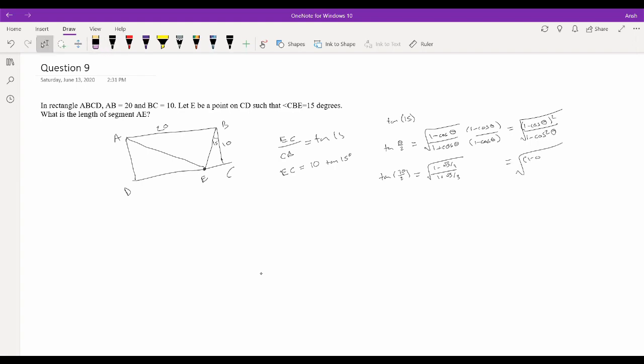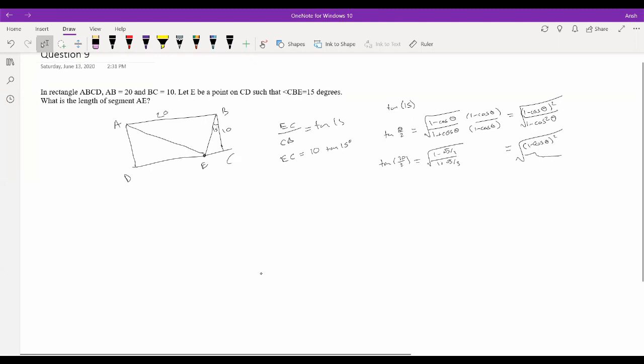So now everything inside our radical is a perfect square, which is really nice because that means we can simplify this into 1 minus cosine theta over sine theta. And this is another handy identity for the tangent half angle. This is the easier one for me to remember since remembering all the radicals is pretty messy.